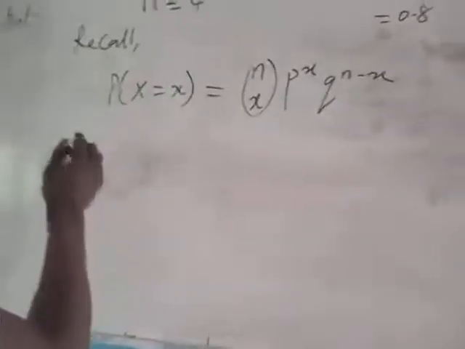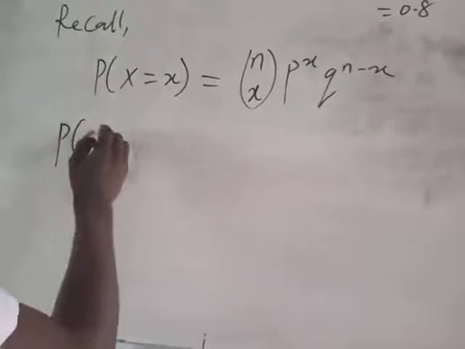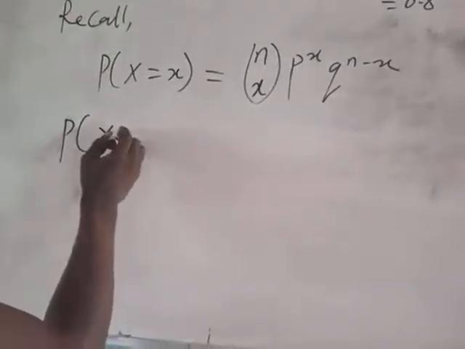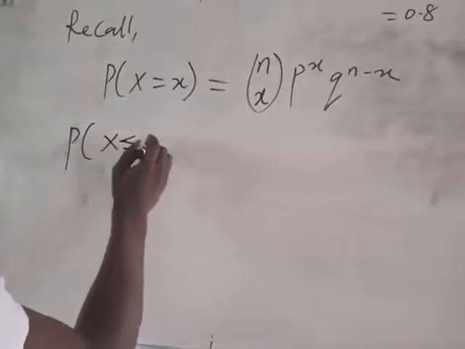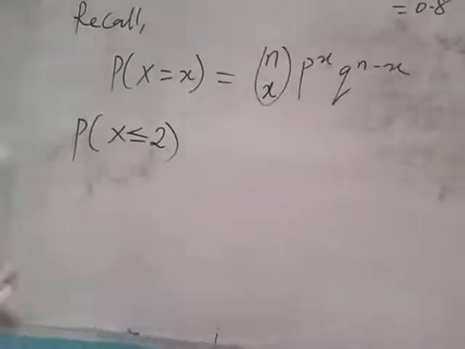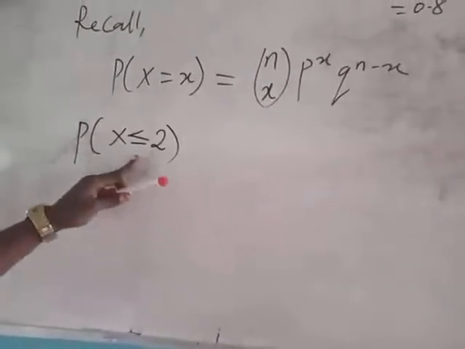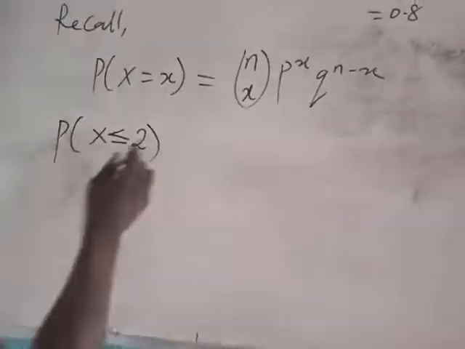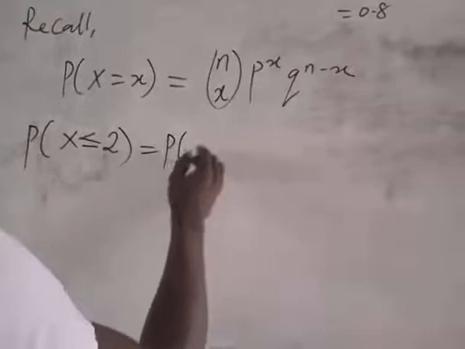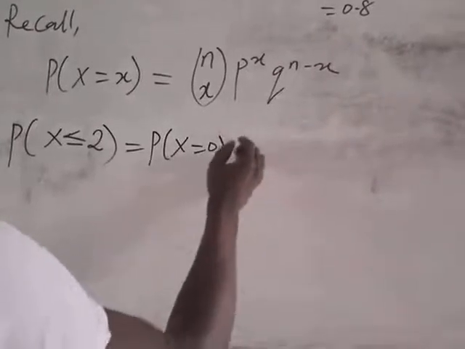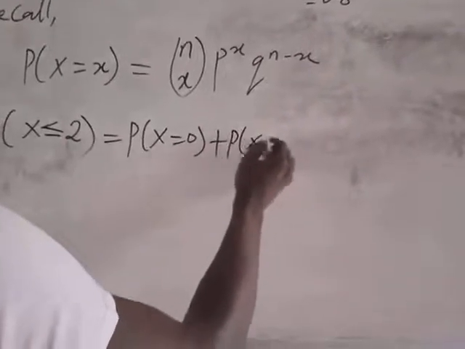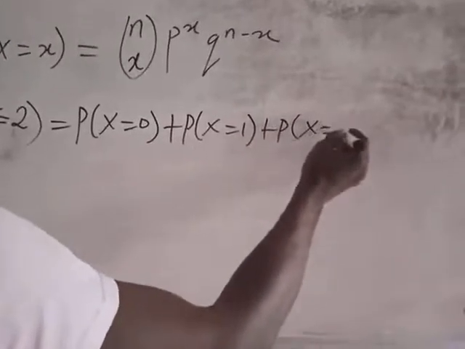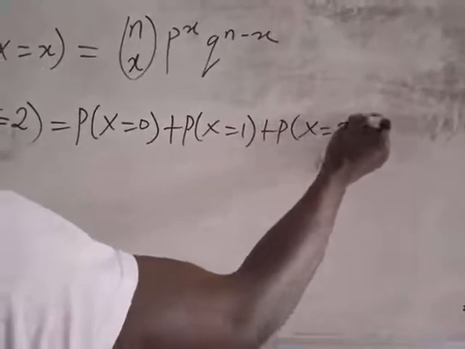So probability of x at most can be written as less than or equal to 2. Probability of x less than or equal to 2, that's at most from 2 downward, which is the same as probability of x equal to 0 plus probability of x equal to 1 plus probability of x equal to 2.